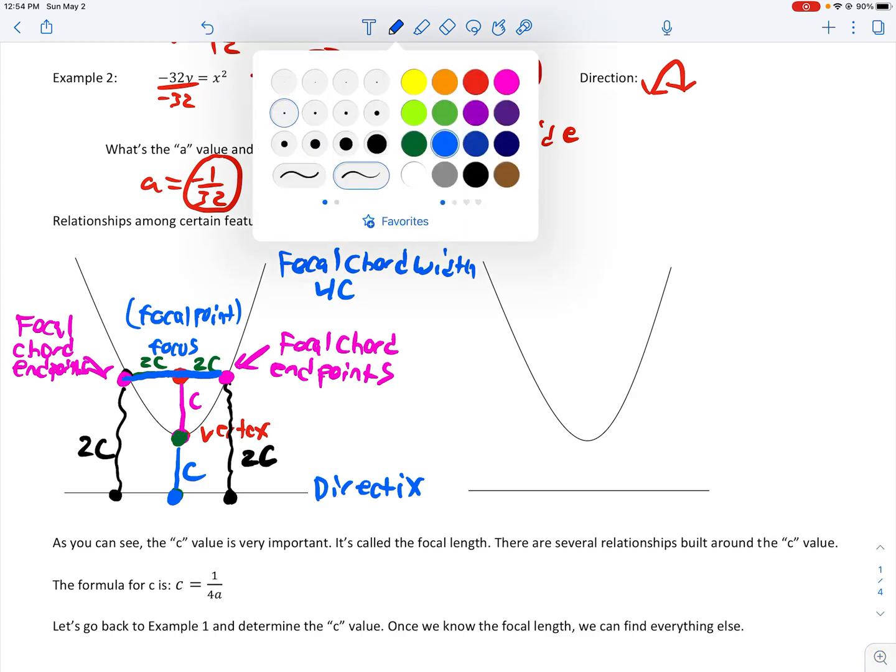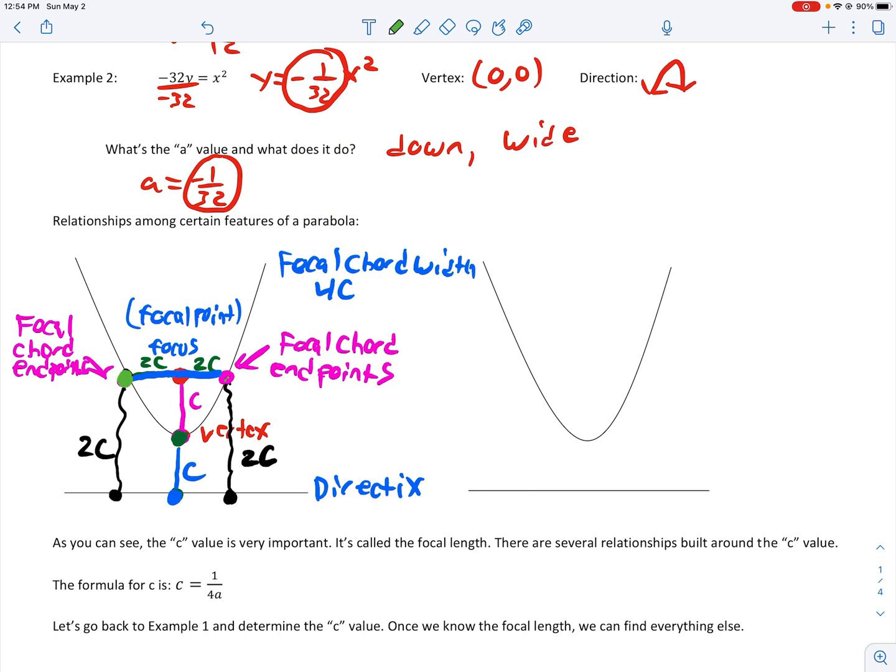So from green dot to green dot, that distance is what we call the focal chord width. It's 4c, so it's 4 times as big as the distance from the focus to the vertex. You might also hear that called the focal width. So, focal chord width or just focal width.